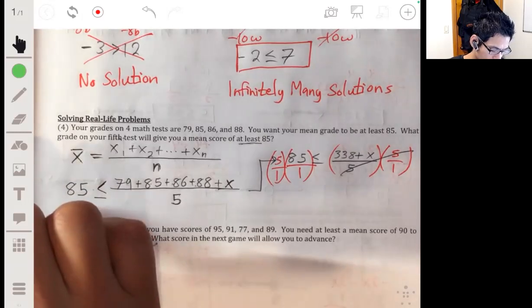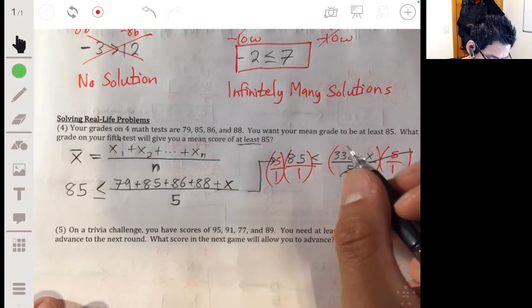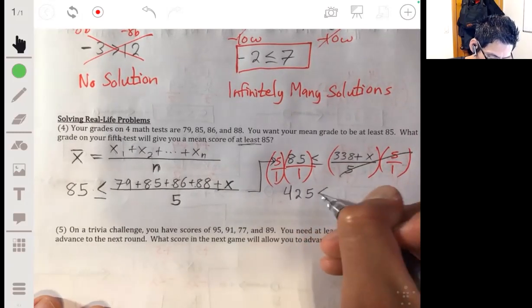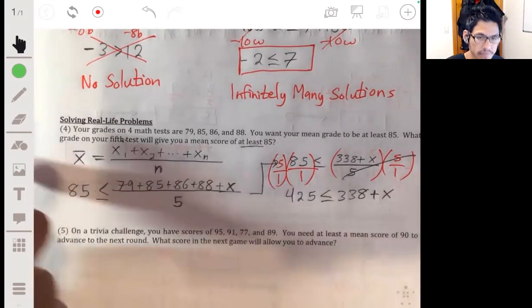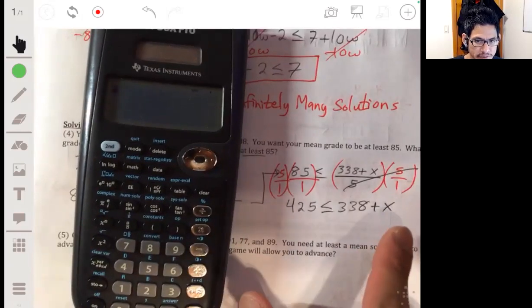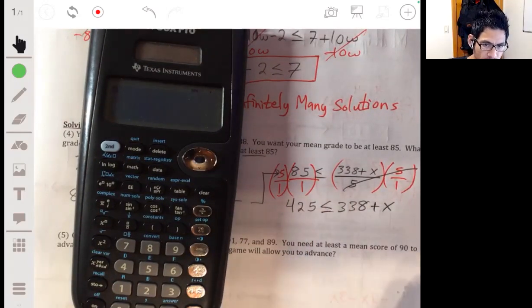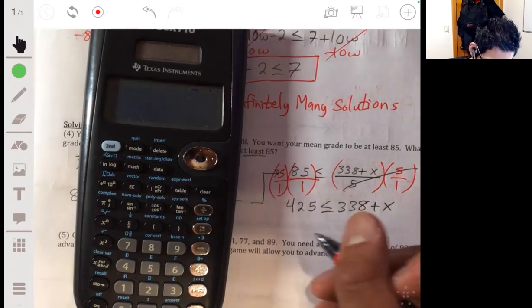Of course I'm right. So 425 is less than or equal to 338 plus x. And then we just subtract 338 from 425. And then we'll get 62, 72, 82, 87.